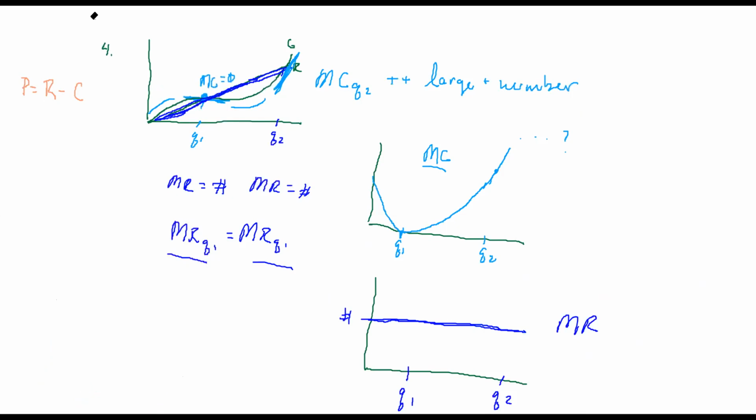So Q1, Q2, profit is equal to 0 because cost is equal to revenue, right? Before that, cost is greater than revenue, which means it'll be in the negative somewhere.